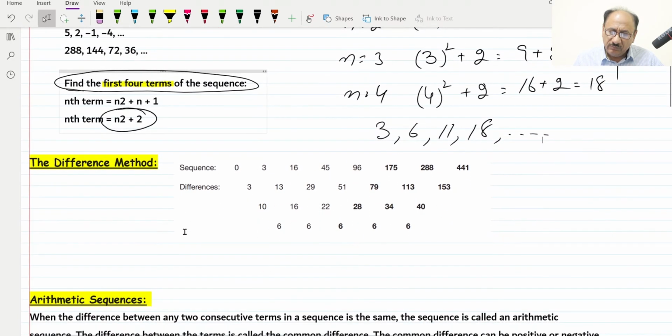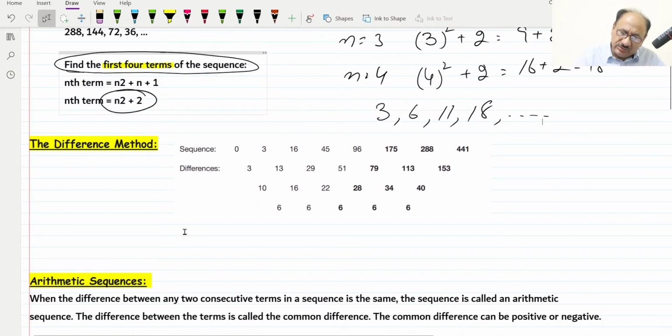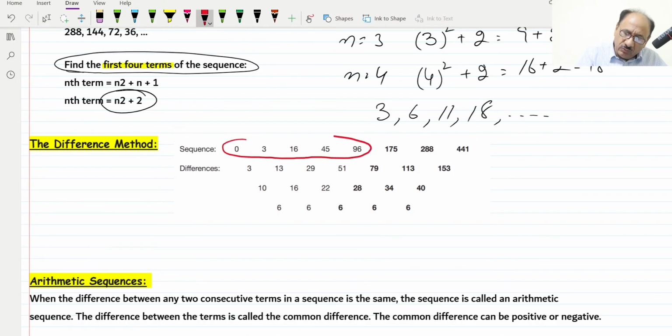Now sometimes they are giving us the sequence, like for example in this case they have provided us this sequence, and we have to write the next terms. Like for example, next three terms are required, these terms are not given. So how we can find, we can apply an easier rule which some of the students are feeling easier.